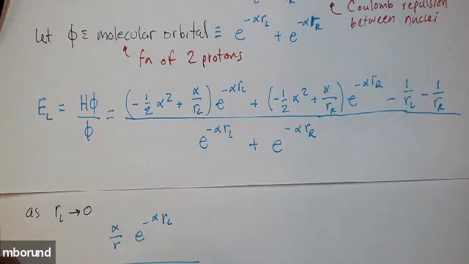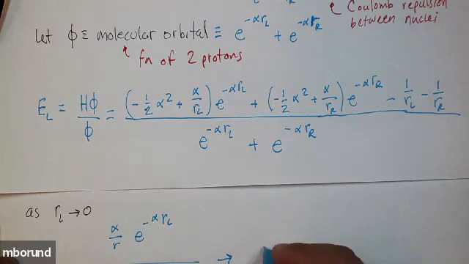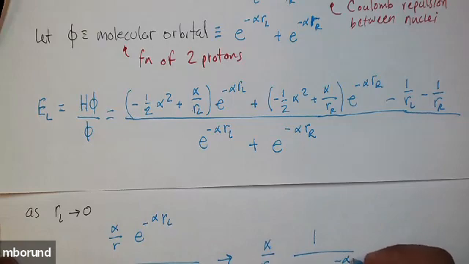And then we have in the bottom this term. RL goes to 0 will give me alpha RL, 1 over 1 plus e to the negative alpha R.